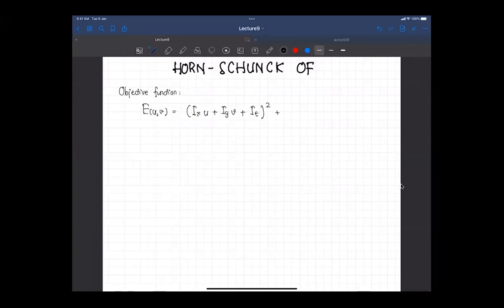So this one is a data term. If you learn about Markov random field, it's a data term. Or if you take a pattern recognition course, it's actually the likelihood, because you involve the data. I is the data. And you have alpha here, or lambda in the previous notation.